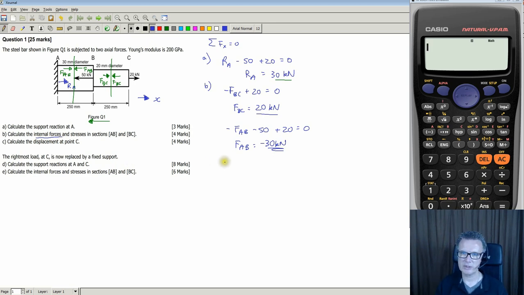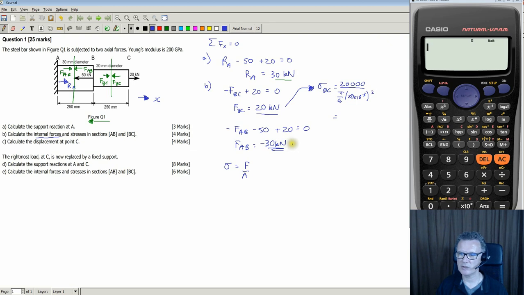Obviously the stress is straightforward. Stress equals force divided by area. So we want to apply that to these two terms. So stress BC is going to be 20,000 divided by, BC's got 20 diameter, so pi divided by 4, 20 times 10 to the minus 3 squared.